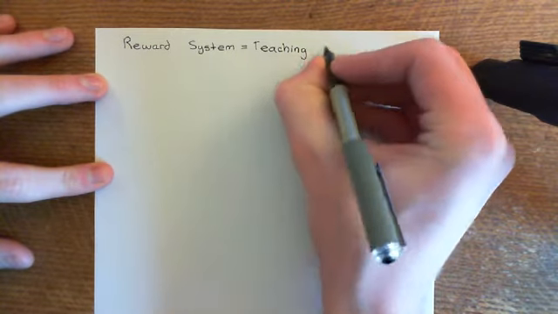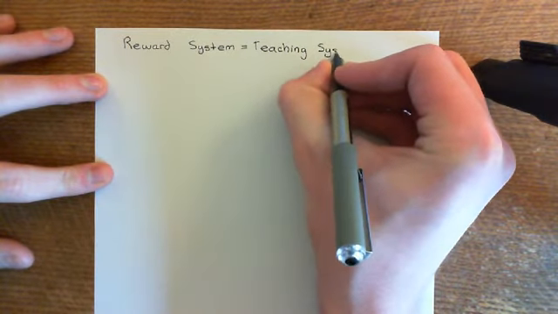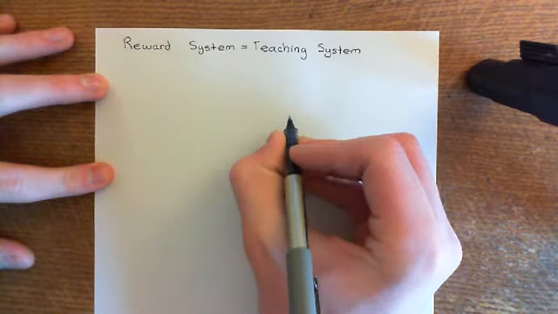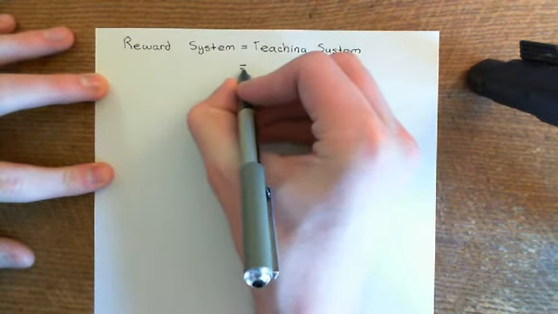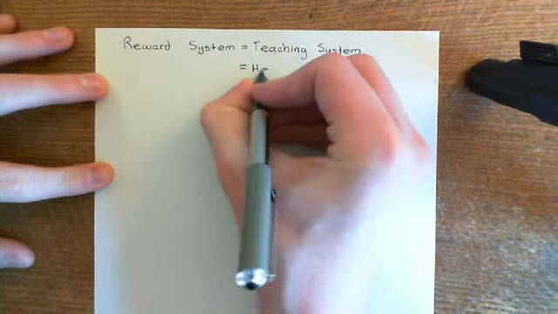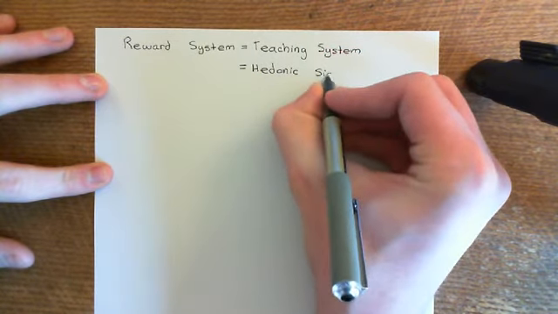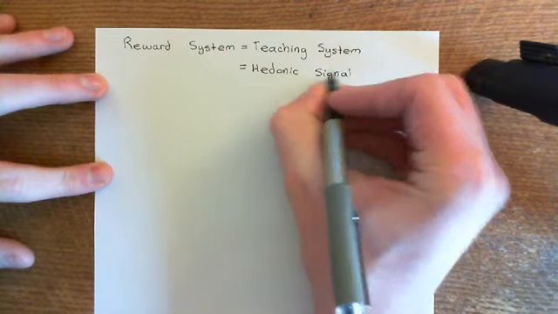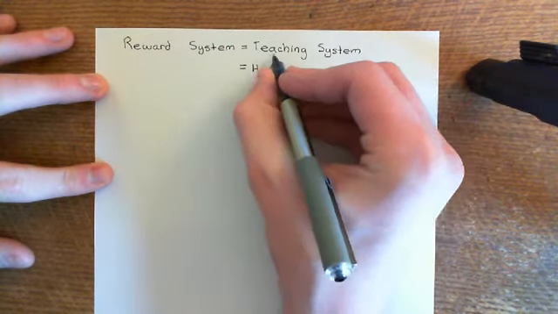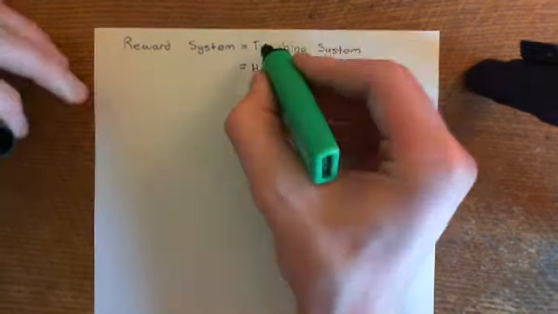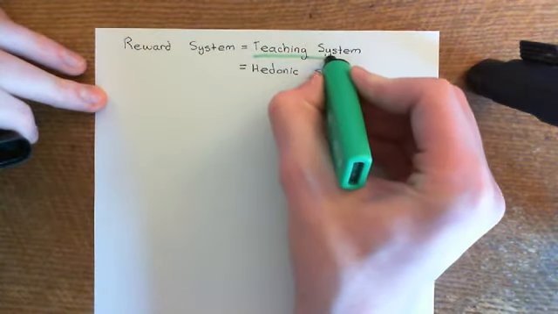This needs to be contrasted to what we used to believe this was. We used to believe that this was the hedonic signal, and we don't believe that anymore. I will explain exactly what we used to mean by the hedonic signal, and contrast that to what we now believe dopamine is involved in, which is producing a teaching signal.